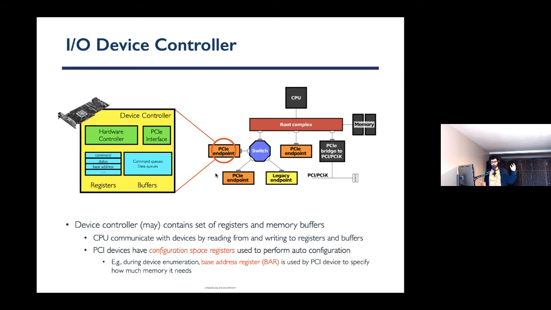If you have a device that works with PCI, you can connect it to PCIe 4 and it would still work. It wouldn't give you the highest features that PCIe 4 or 5 supports, but at least it works. They kept it backward compatible, and that's a great thing in terms of design.